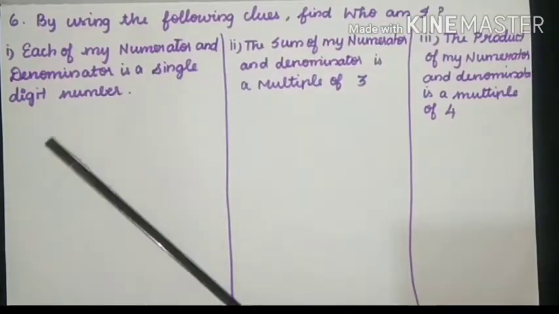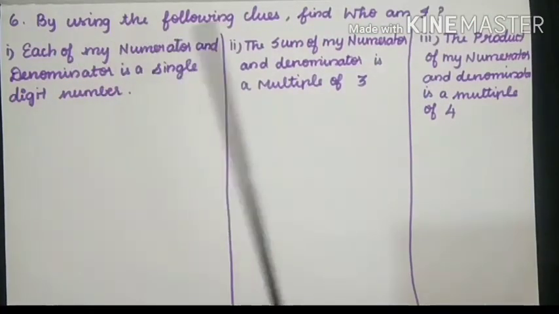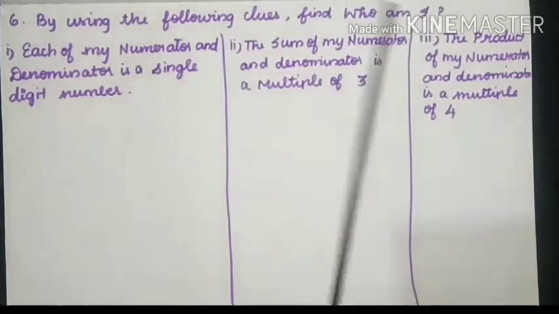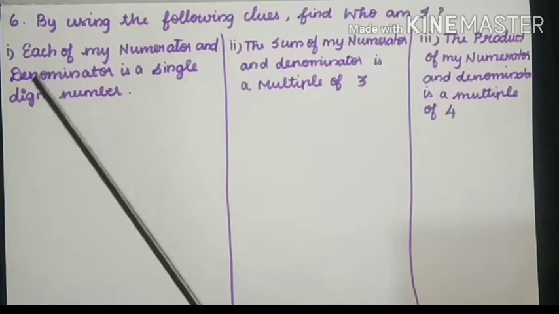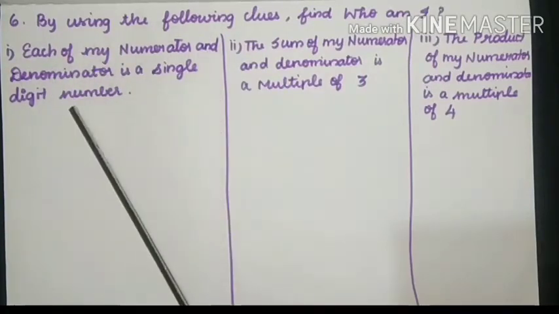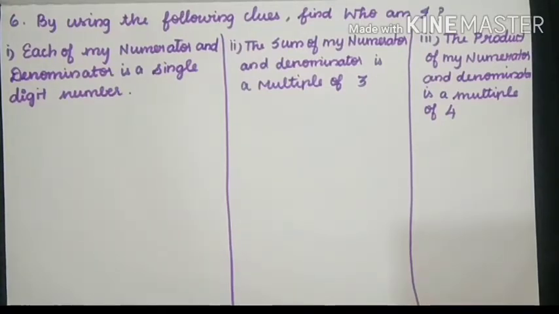Challenge problems. Sixth one. By using the following clues, find who am I. It is like a puzzle game. See, the first clue is each of my numerator and denominator is a single digit number. First, you have to know the single digit numbers.